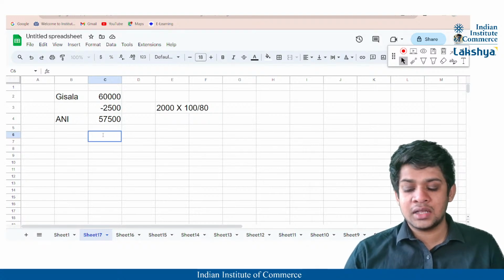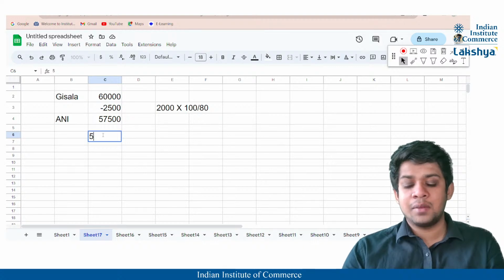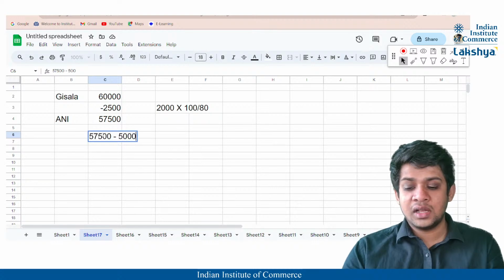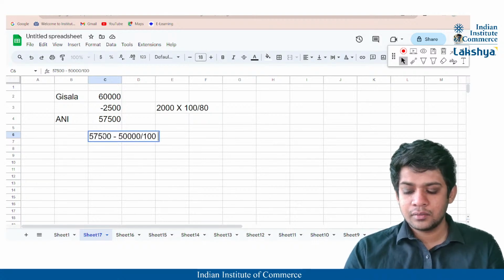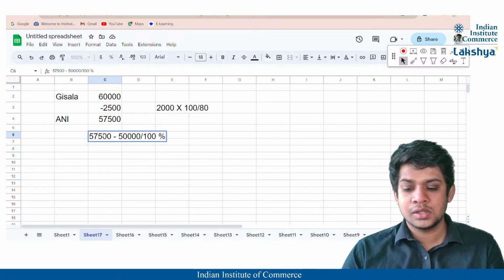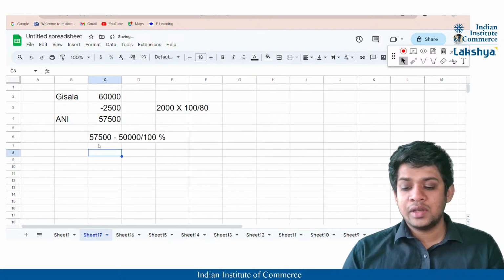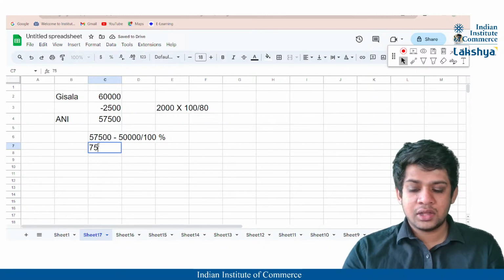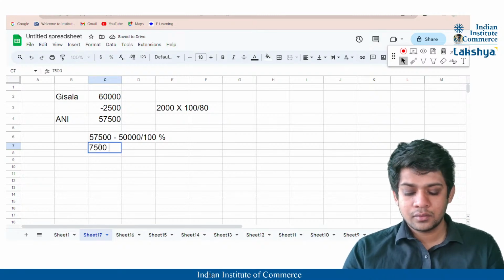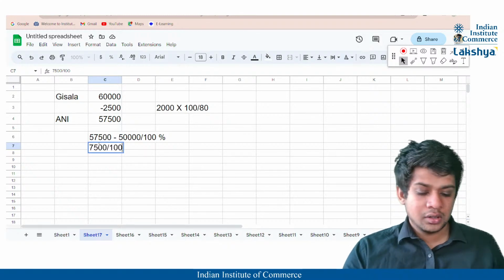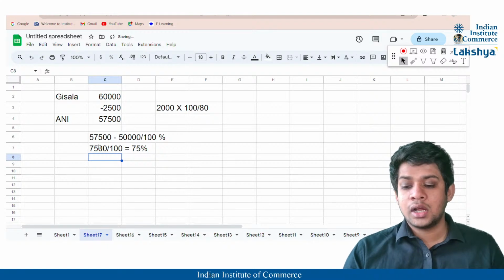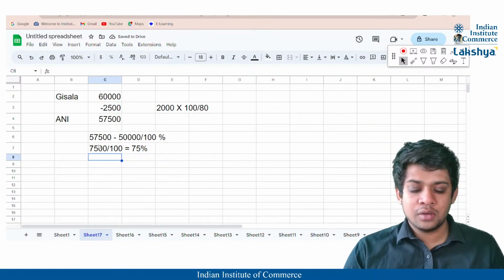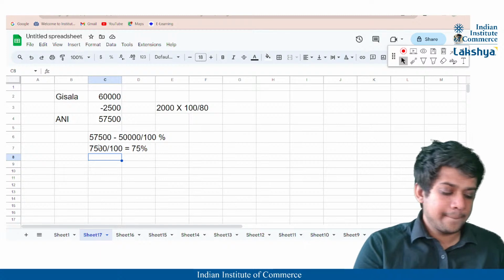This is the reason why the formula that we apply for the child benefit tax charge is 57,500 minus 50,000, divided by 100, the whole thing as a percentage. So we simply calculate it as 7,500 divided by 100, which gives us 75% on the tax charge.